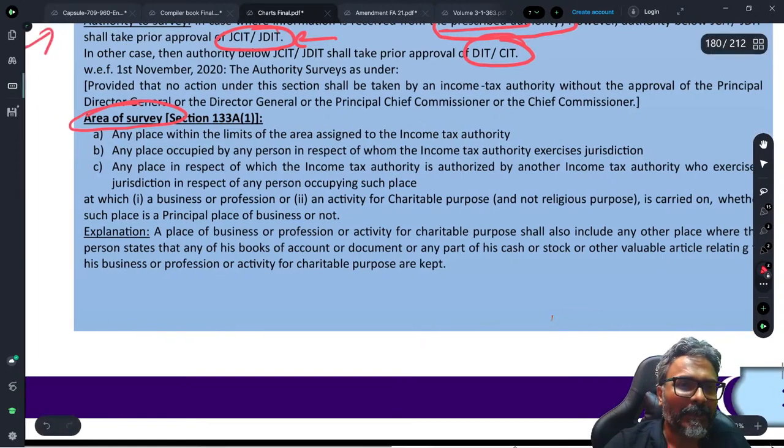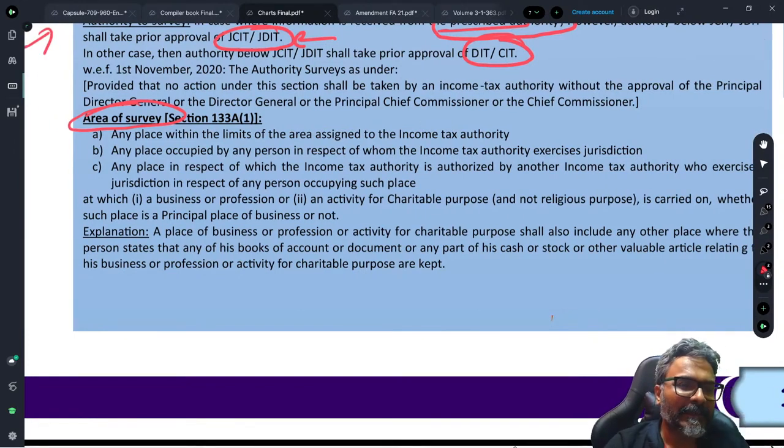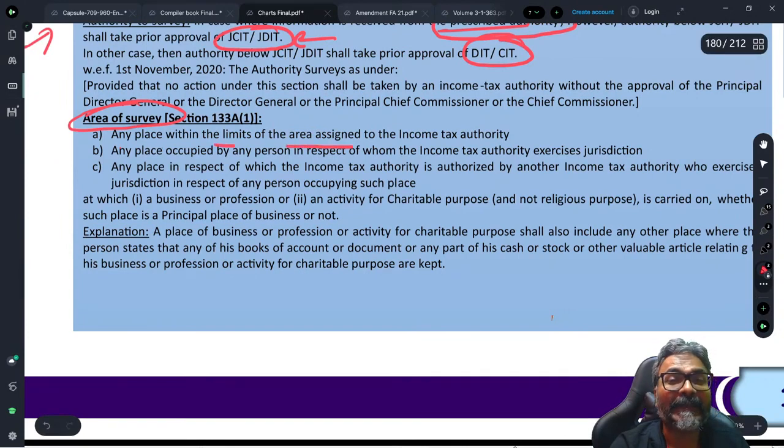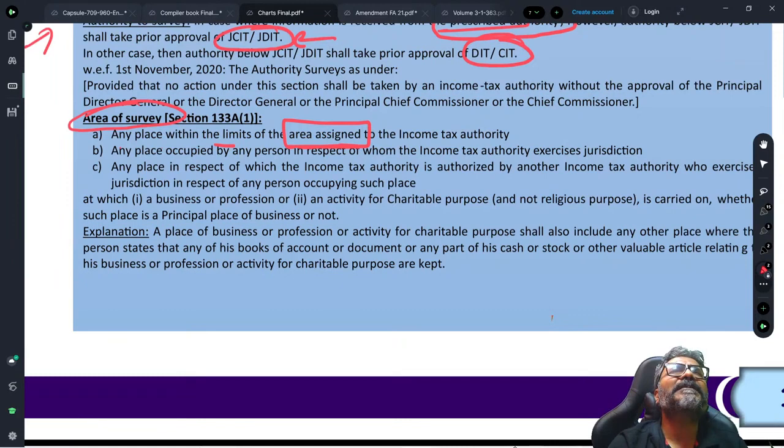Let's have a look at what 133A says. 133A says any place within the limit of the area assigned. So this is a case where the jurisdiction is given to the income tax authority on the basis of the area. What about point number B?